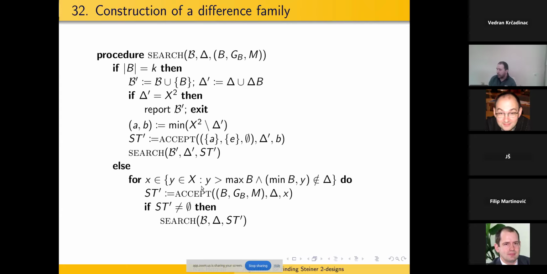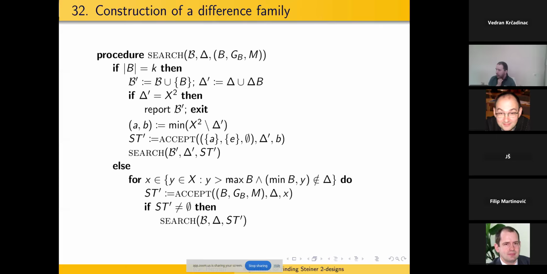In the else case, this is the reason why we have here this delta. We are going through pairs that are not in delta. We are iterating through the possible pairs where the first is the minimum of block B and the second element is not in the current delta.